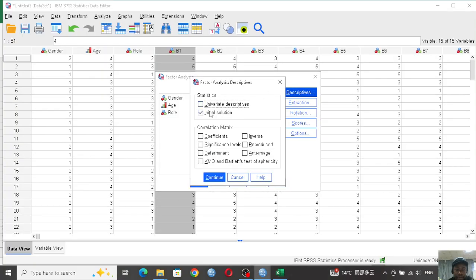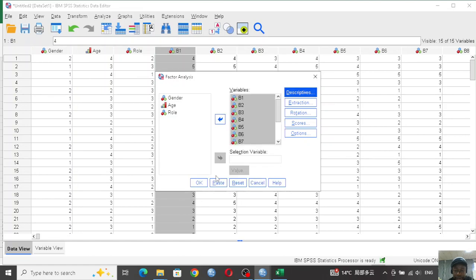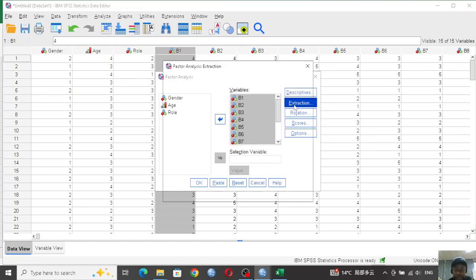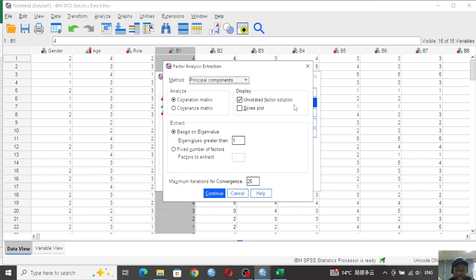Over here, you need to make sure the initial solution is checked. KMO is checked to check the adequacy of the sample. And then anti-image is also checked. That is all for here. You go to Extraction. Under the extraction, make sure the method is on principal components.